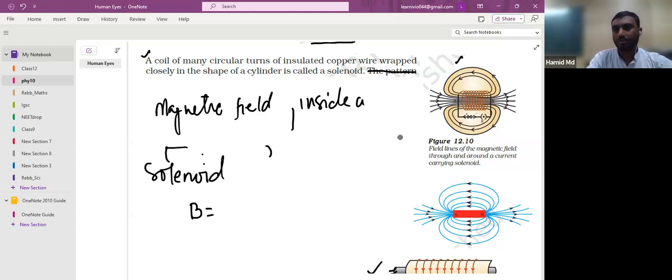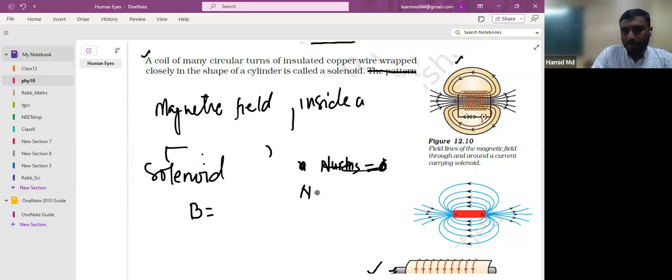Suppose this is a large solenoid of N turns, and L is the length.